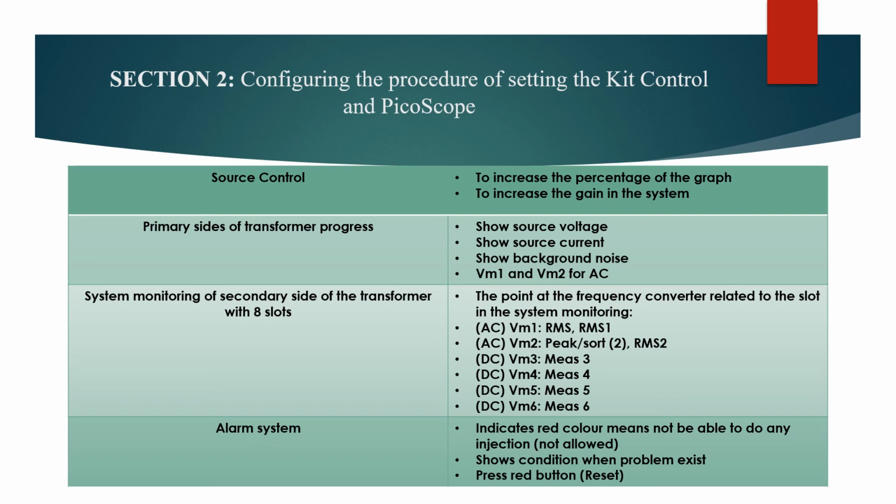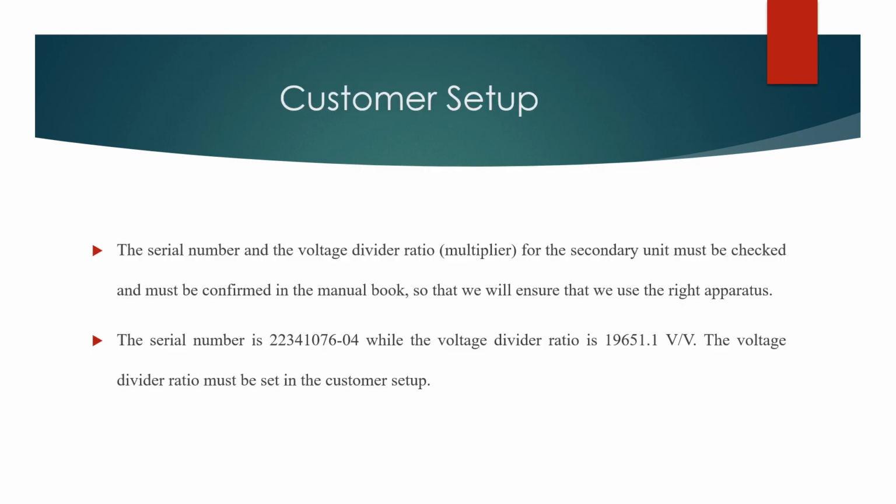It shows a condition when a problem exists and we need to press the red button, which is reset. For customer setup, the serial number and the voltage divider ratio multiplier for the secondary unit must be checked and confirmed in the manual book, so that we ensure that we use the right apparatus.